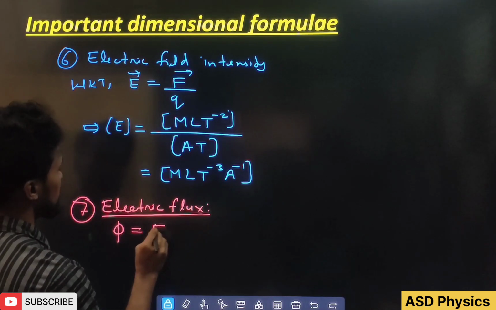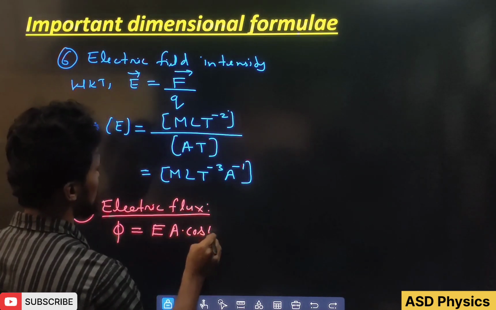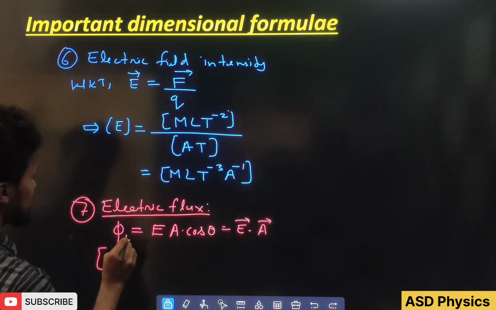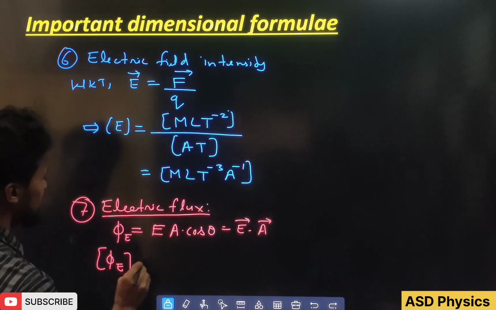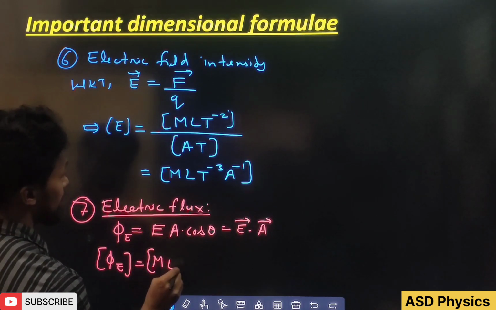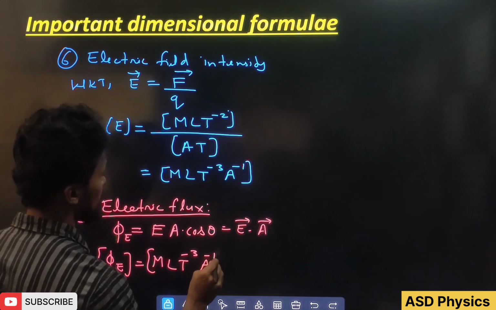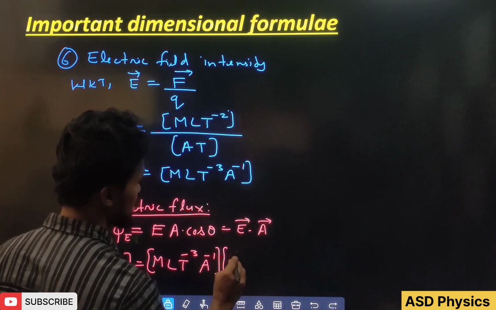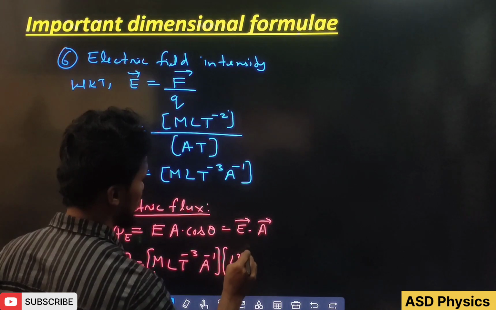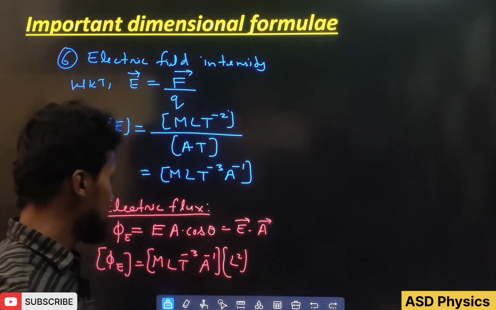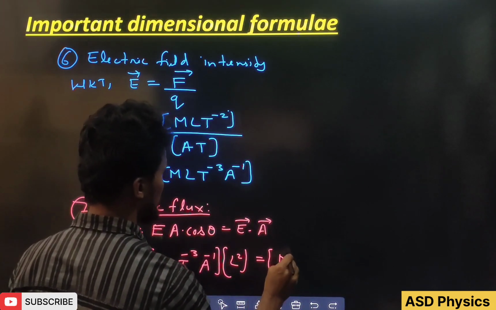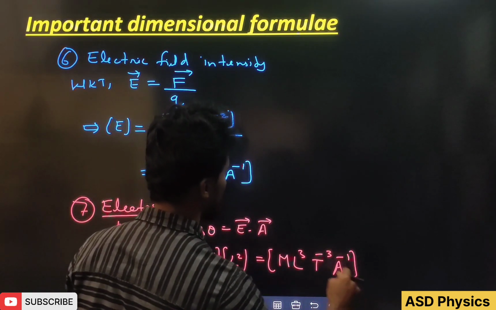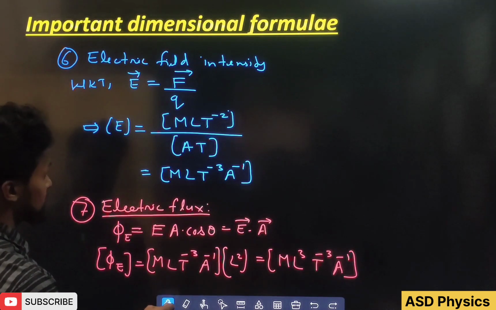The flux is given by phi equal to EA cos theta, that is, vector E dot A. The electric field is MLT^-3 A^-1, and area means L^2. Cos theta is a trigonometric function, with no dimensional formula. So this will become ML^3 T^-3 A^-1.